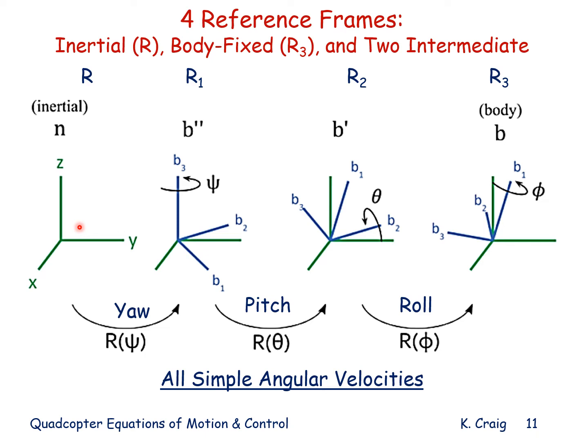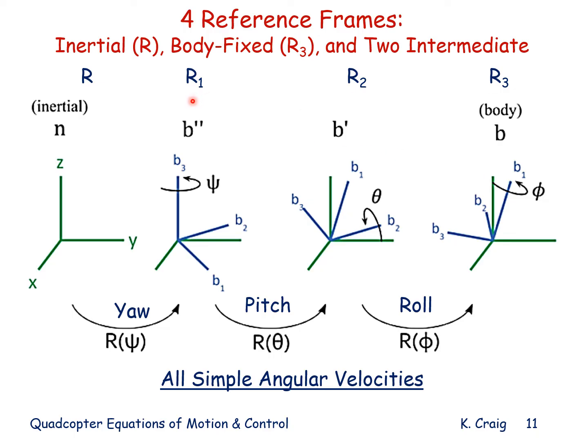How then do we study this very complicated change in orientation of the quadcopter? We do so by using two intermediate frames of reference. I call them R1 and R2. R is the inertial reference frame. R3 is the body fixed reference frame.